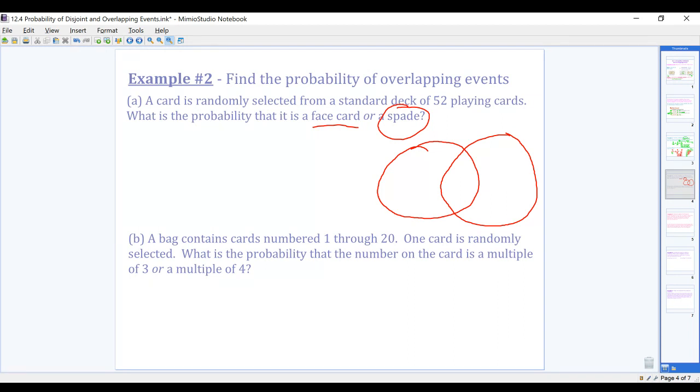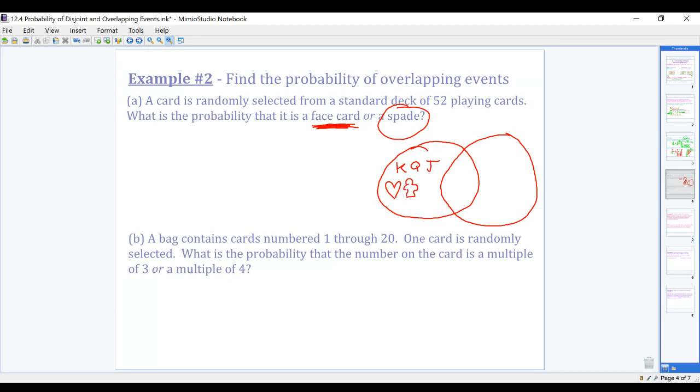So probability of A is going to be our face card. What's the probability it's going to be a face card? Well, those are kings, queens, or jacks, right? And there's 4 different suits. There's the spades, clubs, diamonds, hearts. So we'll have hearts. I'm not going to draw all these because these are kind of funny looking.